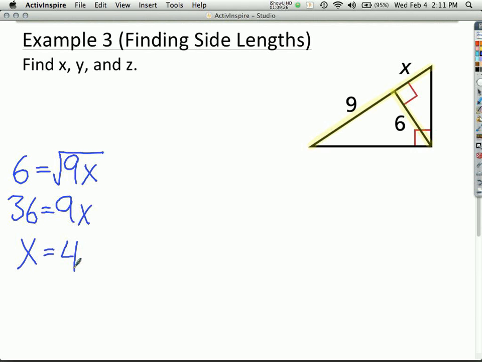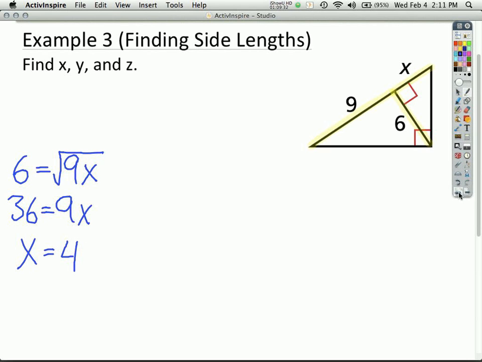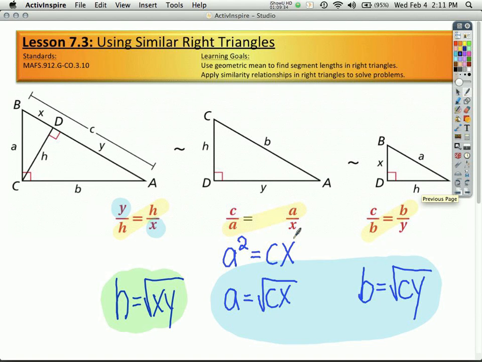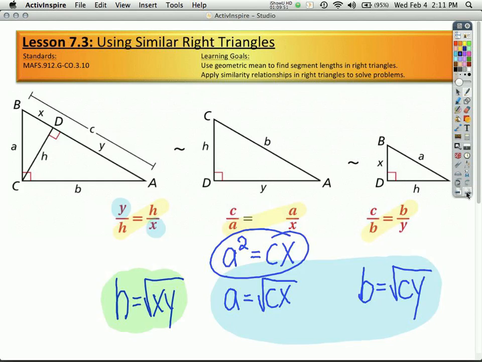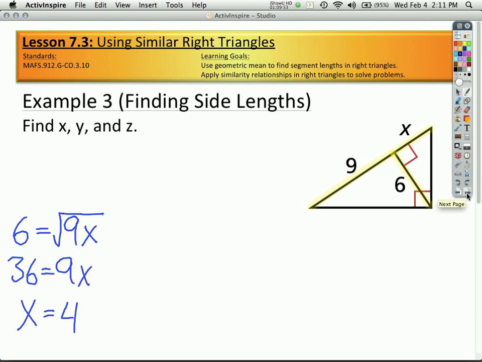I was gonna say, I think the way where it was 6 squared. And that's right. And so if you look at my work here, see this right here? That's another way to represent geometric mean. And if you look at your cheat sheet, it's written both ways, right? You can use it either way. You could say that a squared equals cx, or you could say a equals radical cx. Either way, it's the same thing. It's just a matter of deciding which one makes sense at the current moment.